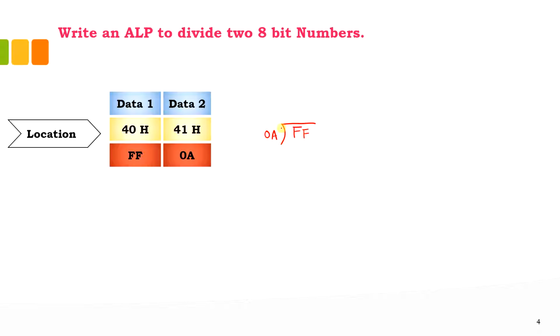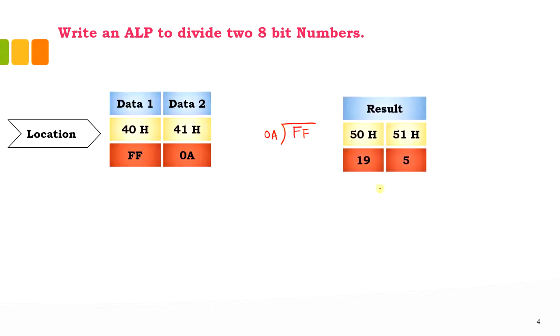We will be storing the quotient in the location 50H and the remainder will be stored in the location 51H.